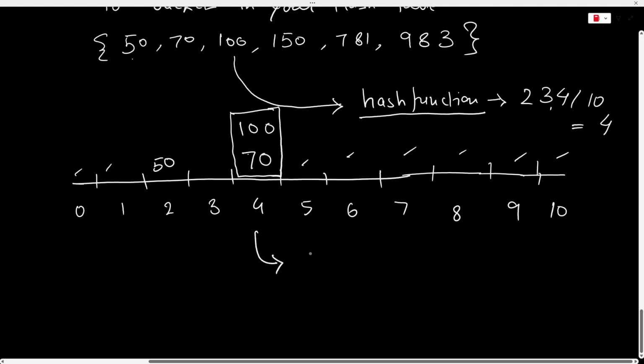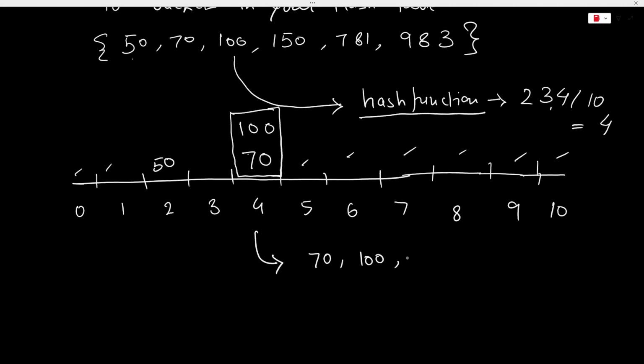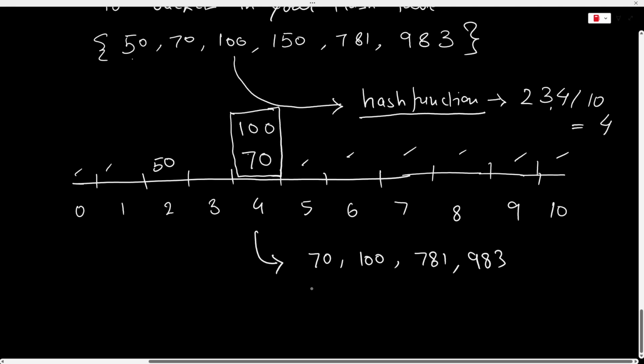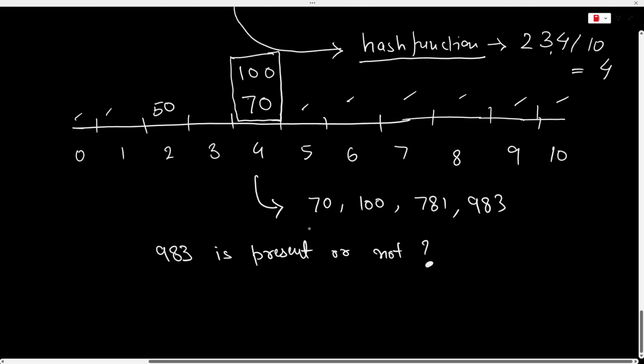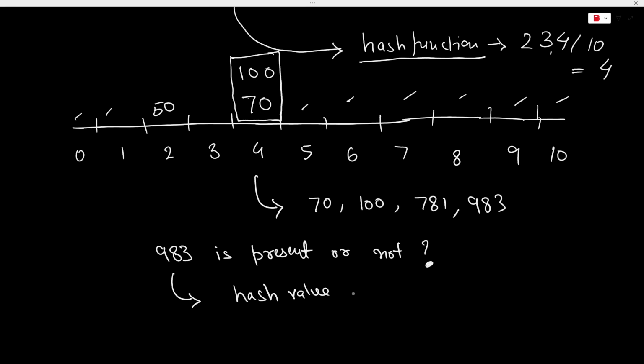Because if that becomes the case, you have a single bucket. Let's say at the fourth index, you have 70, 100, 781, and 983. All of them are stored at this index. And now you want to find whether 983 is present in the set or not. For that, first its hash value will be computed. From the hash value, you'll get its bucket index, which is 4.